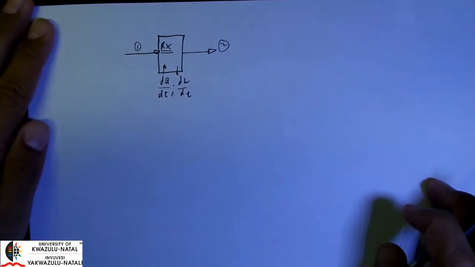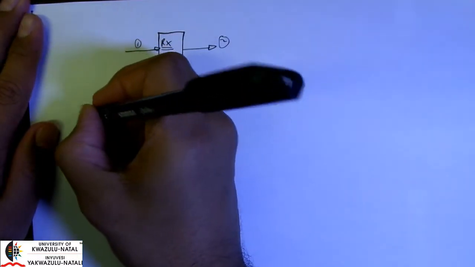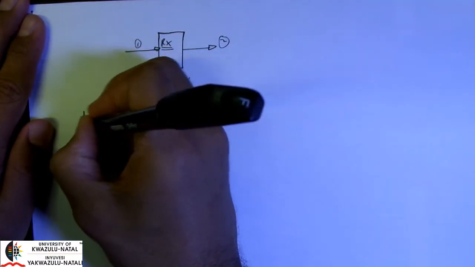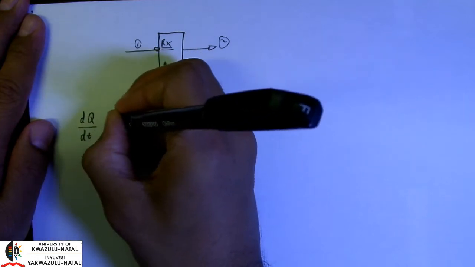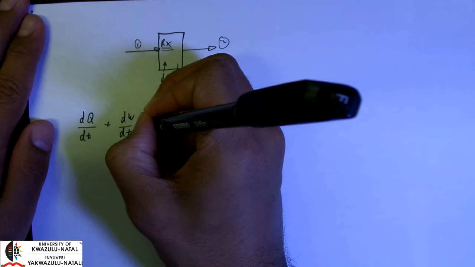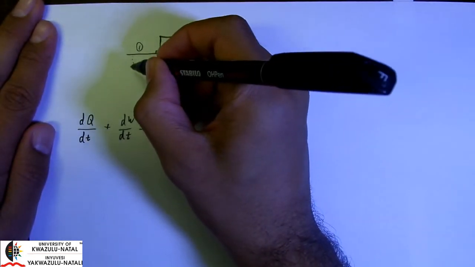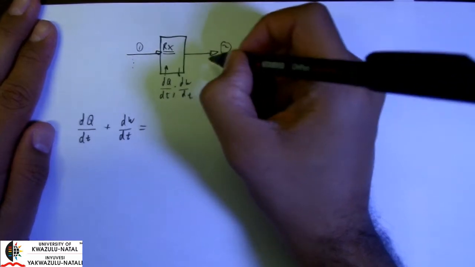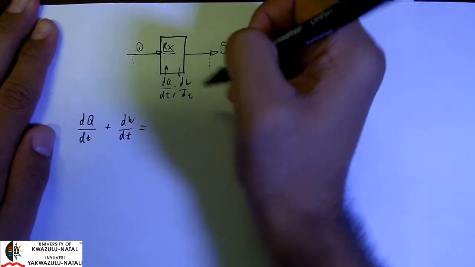Now if we have to draw up an energy balance for this, we would have dQ/dt plus dW/dt. And let's say I have a certain number of species coming in, a certain number of species coming out.